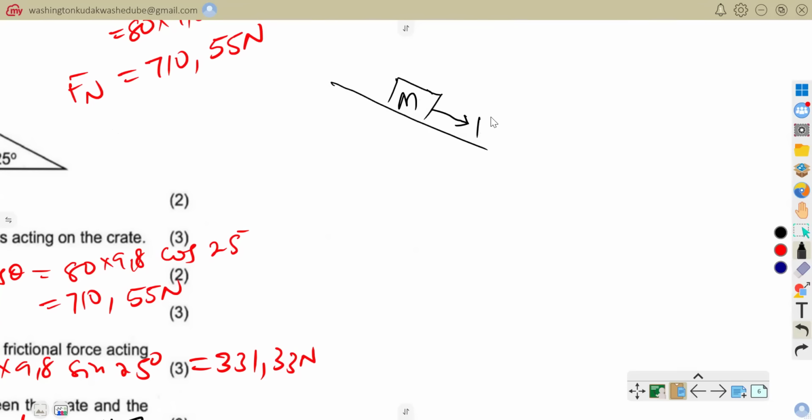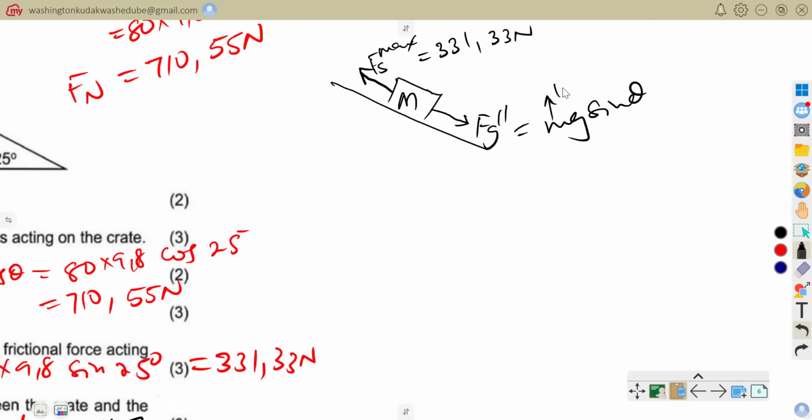I have a weight parallel component, which is Fg parallel, and my maximum static frictional force, which I now know to be equal to 331.33 newtons. Now, if this is given by mg sine theta and m increases, let's say it now becomes 81, it will now be 81 times 9.8 sine 25.